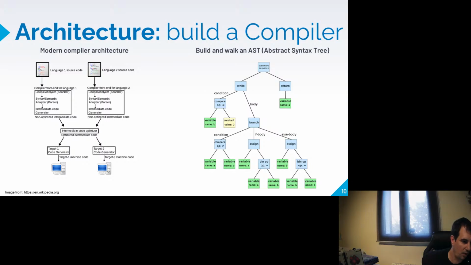The front-end is based on a lexical analyzer, a scanner, a tokenizer that extracts the different parts of source code, that is a symbol, a variable, a keyword: while, if, switch, etc.